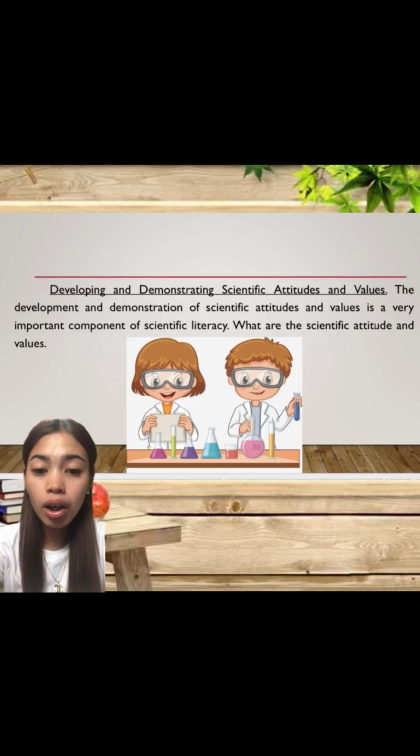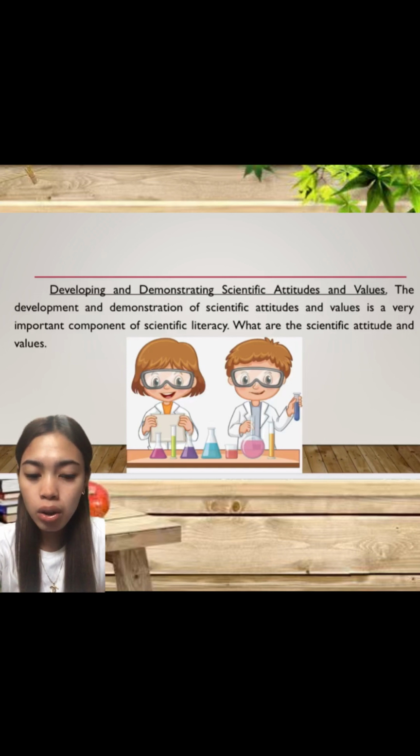They are the habits of mind and behaviors that guide the learners when they explore, investigate, and explain things in a scientific way. These attitudes help students become curious, honest, careful, open minded, and responsible, which are essential for scientific literacy.